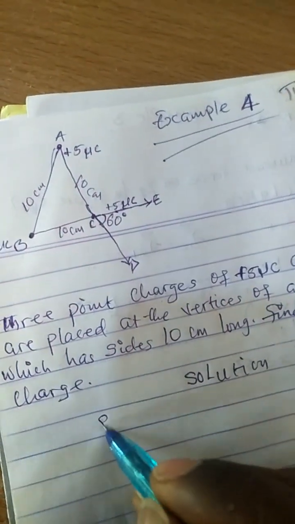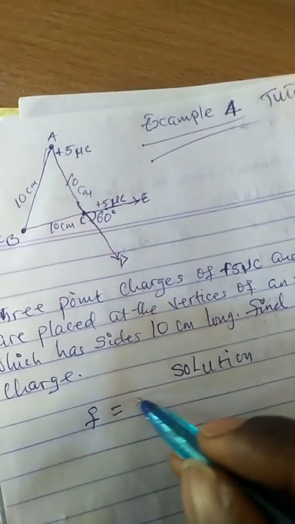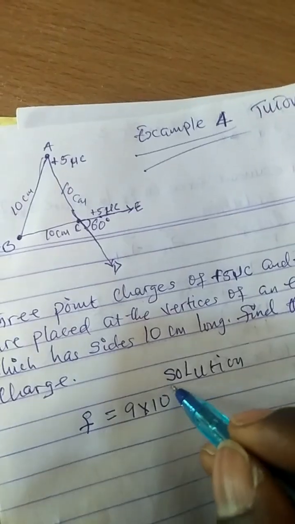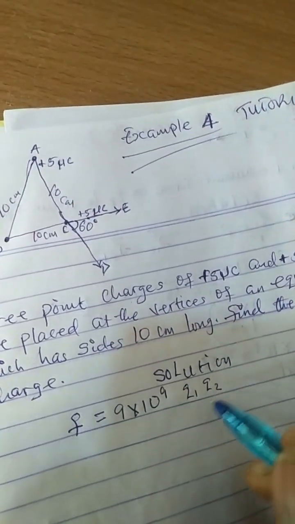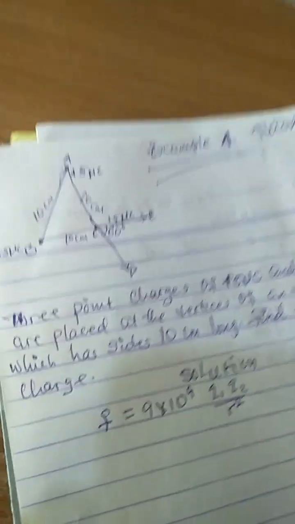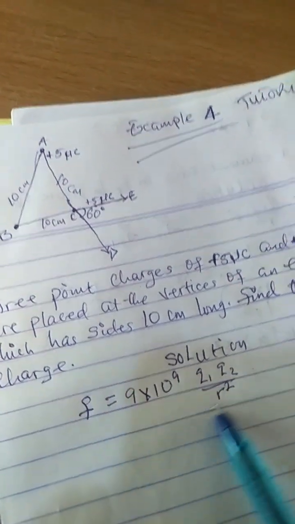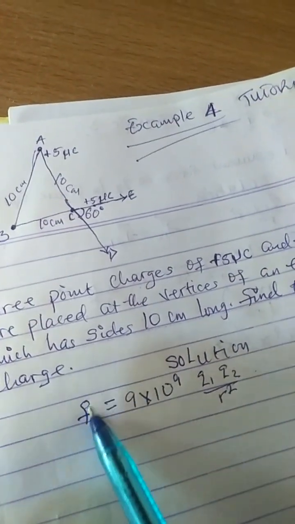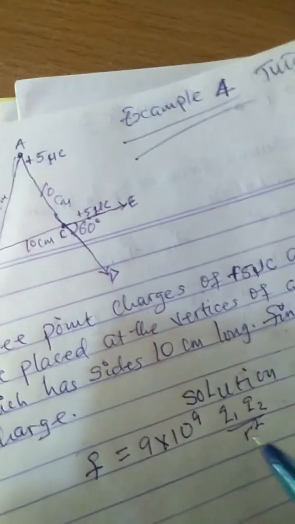So the force, which is denoted by letter F, is going to be equal to 9 times 10 raised to the power of 9, Q1 Q2 all over r squared. Remember, this one is not the vector nature of forces, that's why you are not seeing vector arrows on their heads.